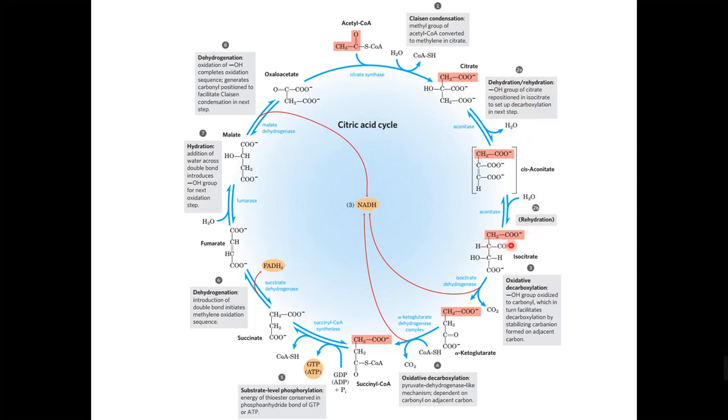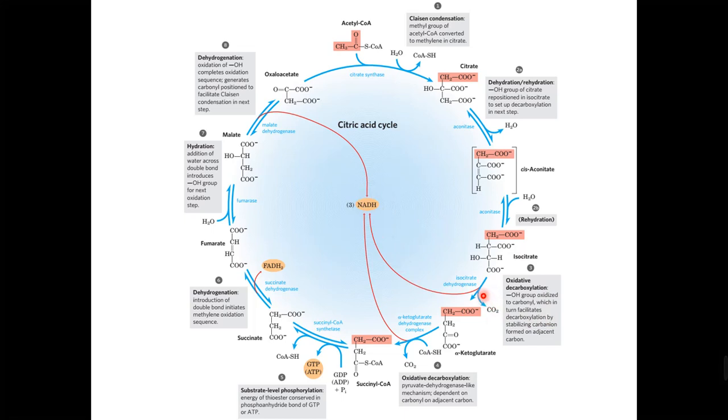CH2COO, CHCOO and CHOHCOO, this is called isocitrate, and this isocitrate is further involved in another reaction, that is dehydrogenation. Usually dehydrogenation involves the removal of hydrogen, and this removal of hydrogen is converted into NADH plus H plus.